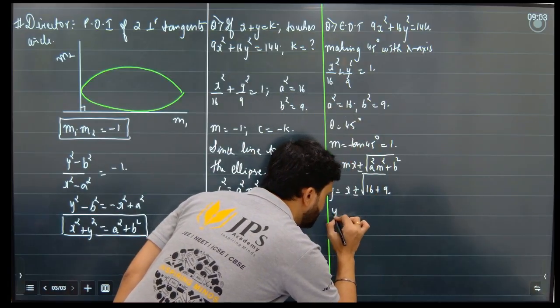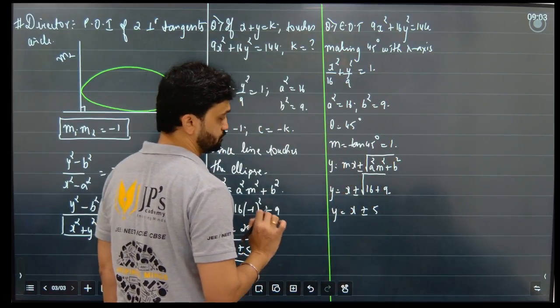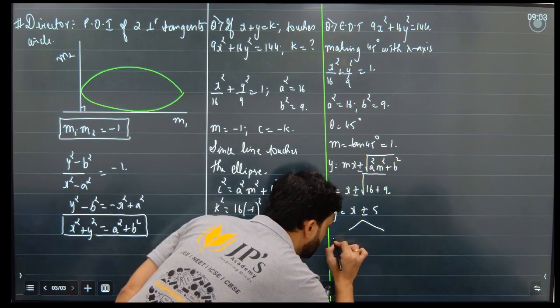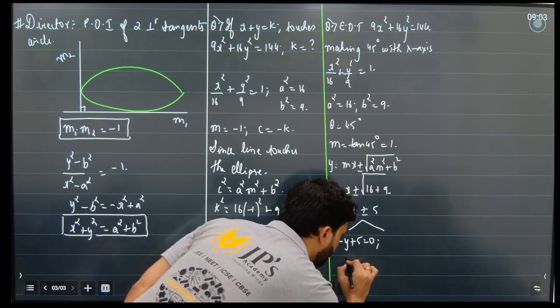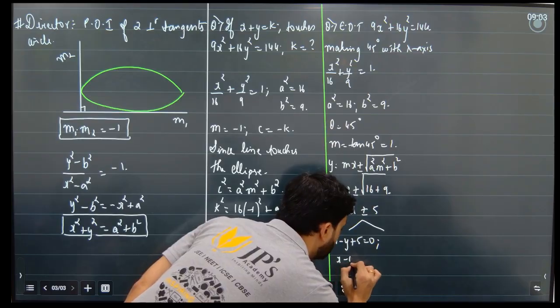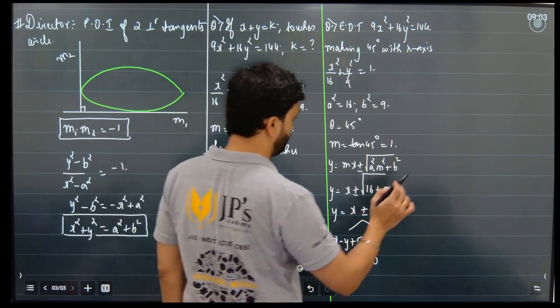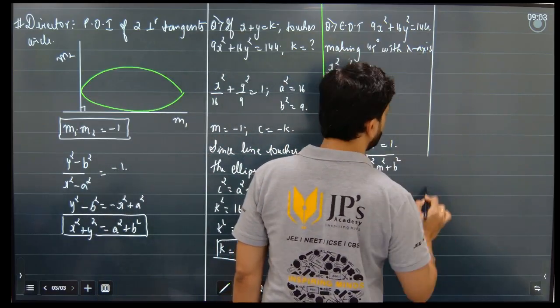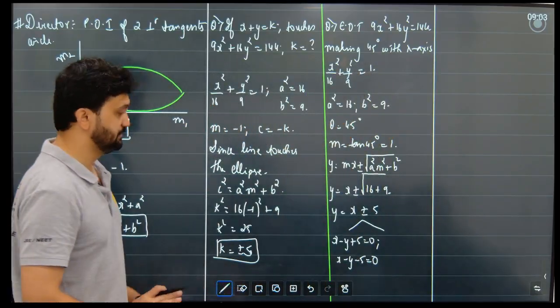So I get y is equal to x plus minus 5. So basically I'll get two equations: x minus y plus 5 is equal to 0, and x minus y minus 5 is equal to 0. These are the two tangents.